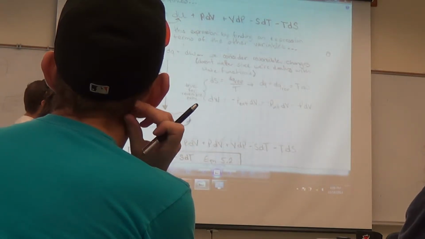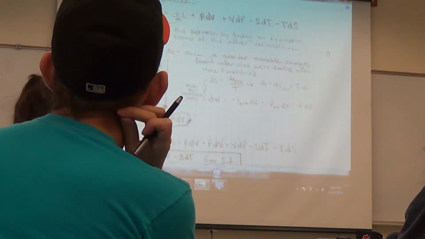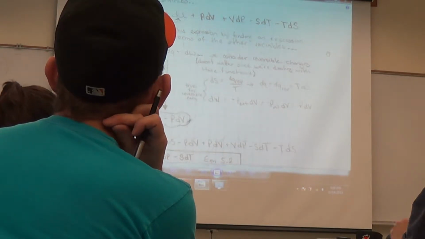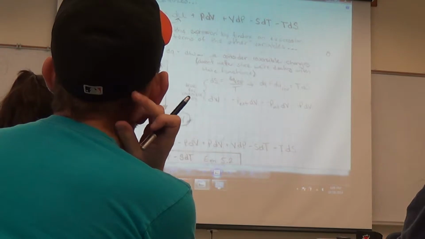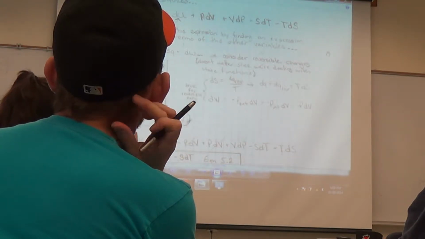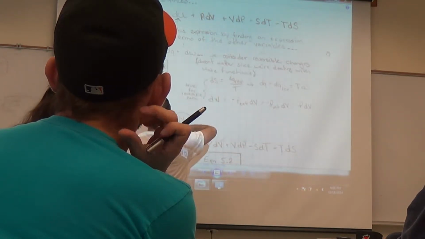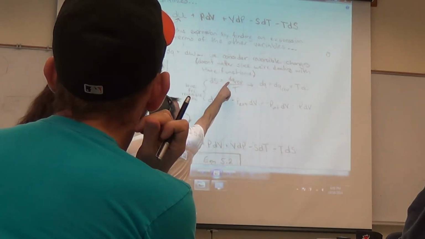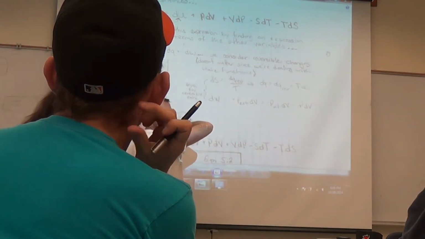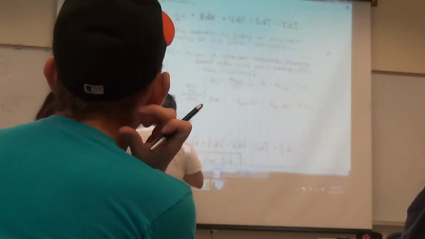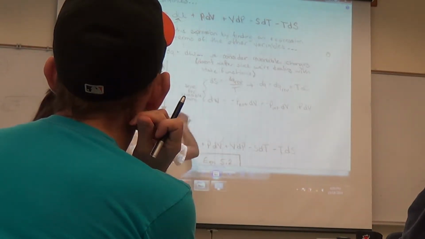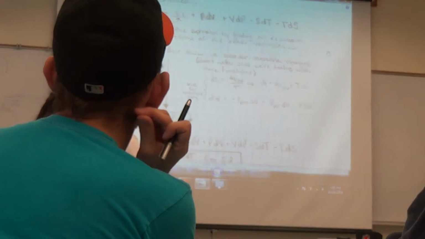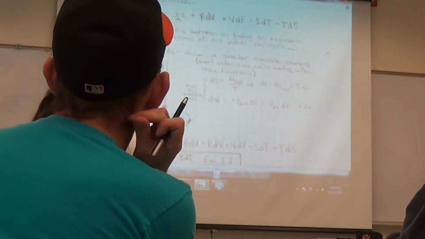And so we're going to evaluate dg along a reversible path, and for a reversible path, we know that ds is dq reversible over t, right? And so tds, this term here, is just dq reversible, right?